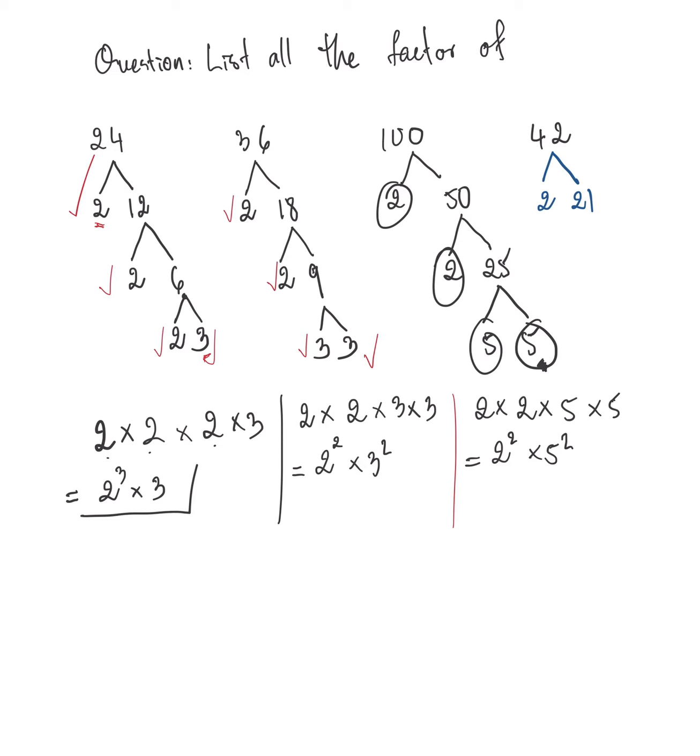Then 21 is not a prime number, so I'm going to find the next pair that gives 21. I'll say it's 3 and 7, because it is in the timetable of 3, and 3 is already a prime number. 7 is the last factor, and 7 is a prime number, so we cannot move to the next step. We're going to choose all the answers and write them in order. Let's write down: 2 times 3 times 7.